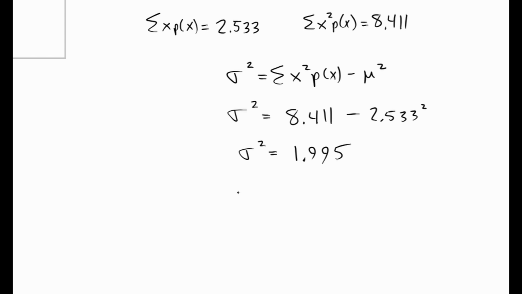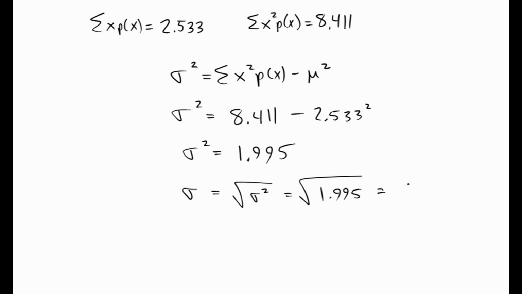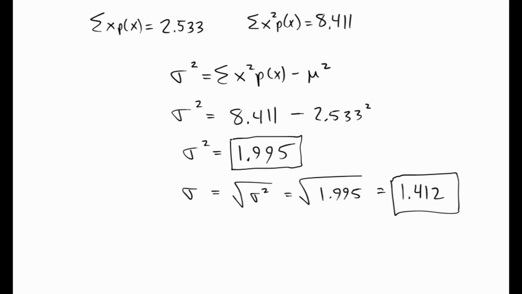And we can now find the standard deviation, which would be the square root of that. Comes out to about 1.412. Alright, so these are going to be the answers to the question right here.